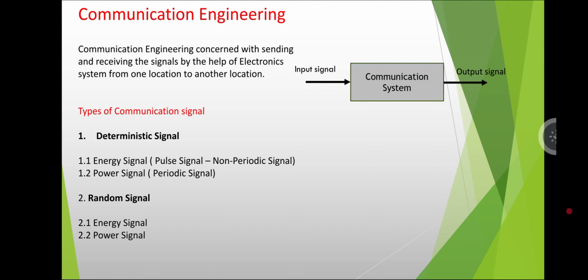The second one is your power signals, and those are periodic signals. The second type is random signals. They also have energy signals and power signals. In this session, we will discuss only deterministic signals, and random signals we will discuss in our next session.